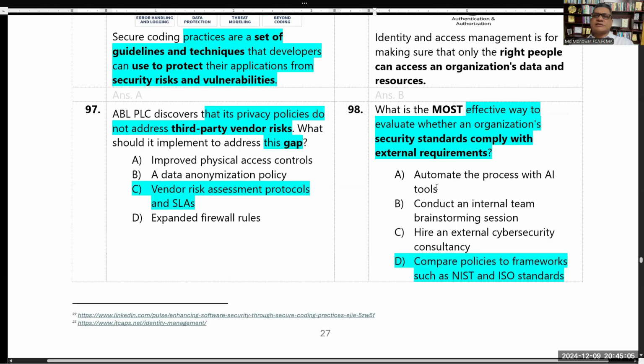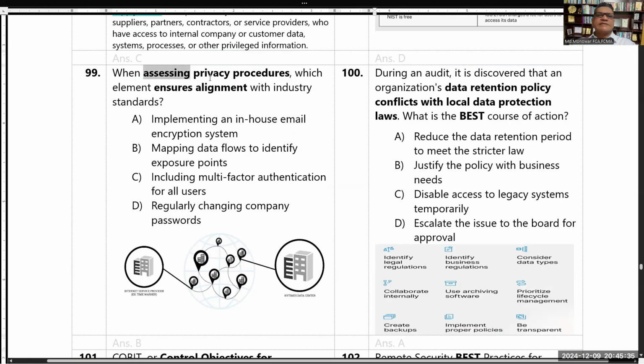The answer is D. The most effective way to evaluate whether an organization's security standards comply with external requirements is to compare the policies to frameworks such as NIST and ISO standards. Answer B. When assessing privacy procedures, which element ensures alignment with industry standards, or which element is the mapping of data flows to identify exposure points?